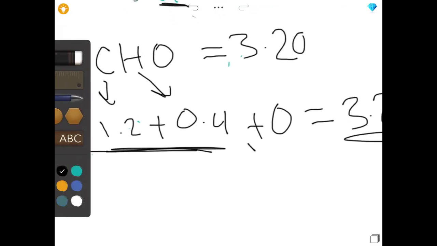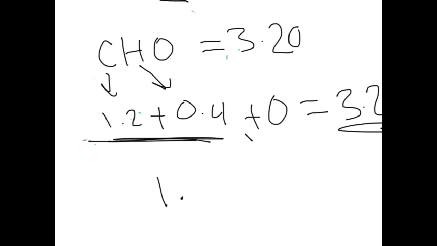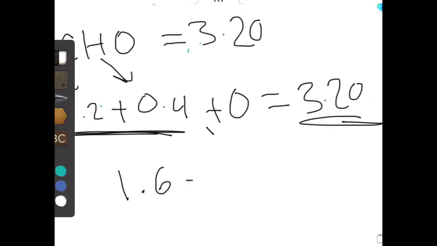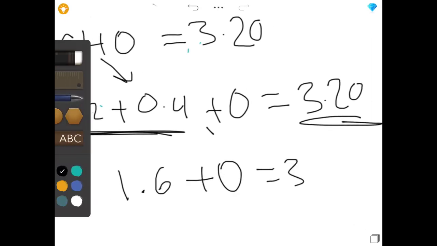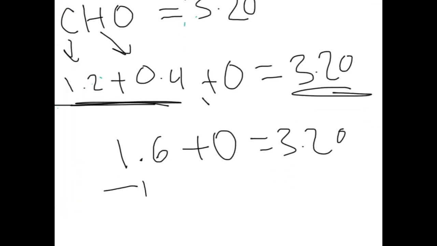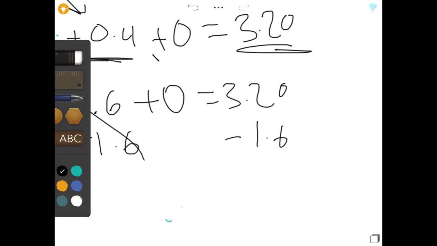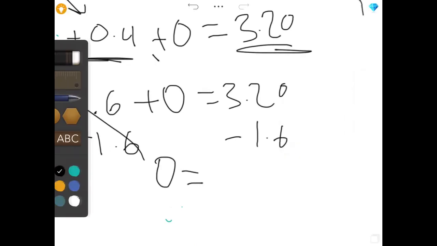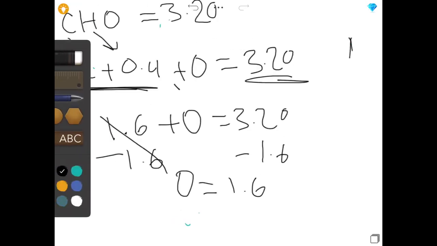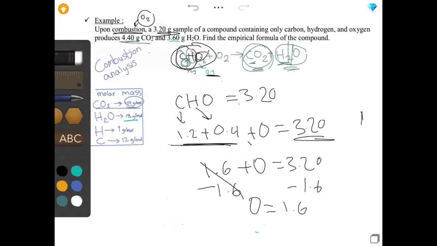So 1.6 plus O equals 3.20. You just minus 1.6, so O is 1.6, and that's it.